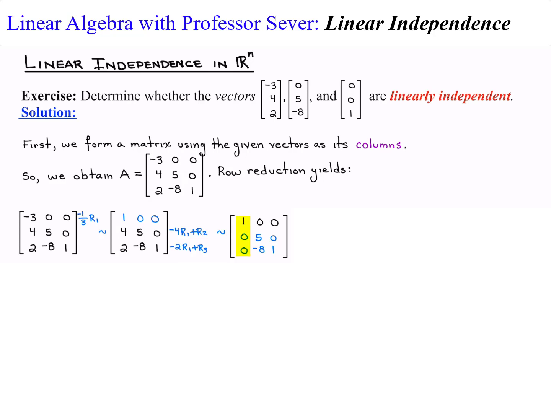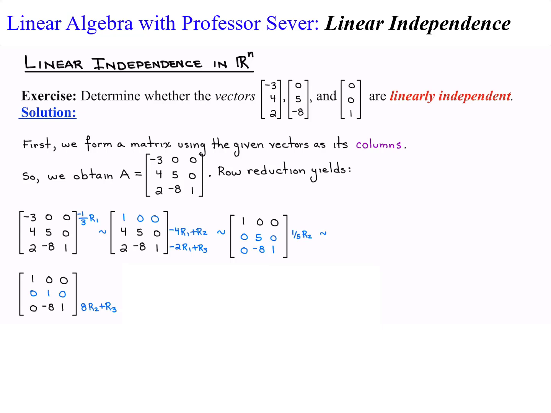Now we need the 2, 2 entry to be a 1. We accomplish this by multiplying row 2 by 1/5, and when we do that, the first and third rows remain unchanged because we're not manipulating those rows through our elementary row operations, and we obtain the matrix which has a second row of 0, 1, 0.